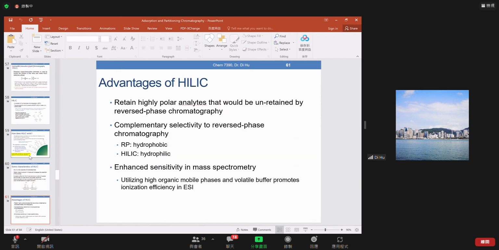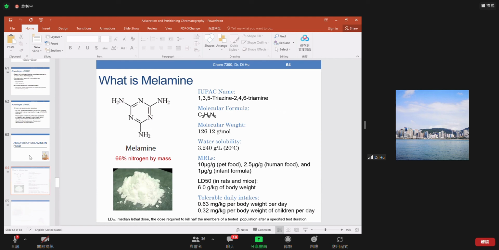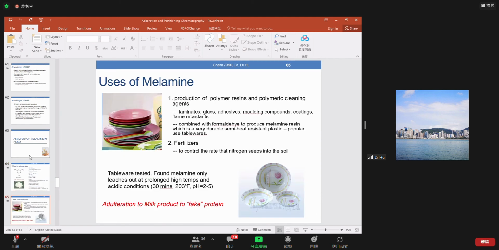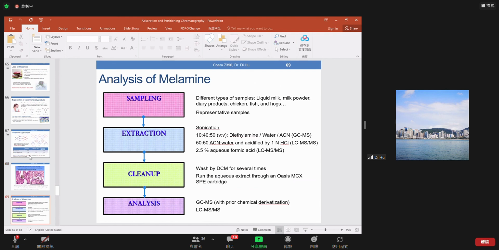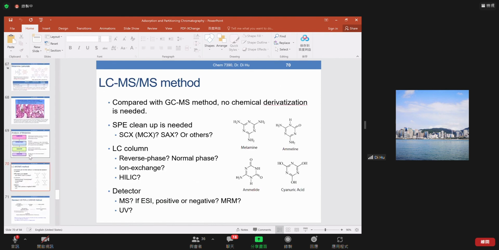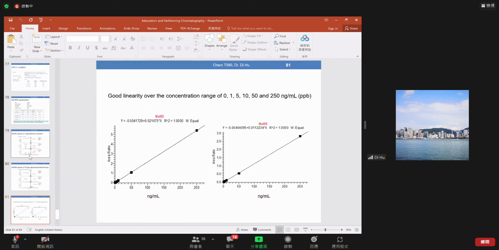Okay, and we also gave you one example of analyzing melamine in food using HILIC, and that is another real practice we went through together, analyzing from structure, and then starting from extraction, cleanup, and analysis, right? Especially all these kinds of practice here. I already told you why I do this, why I want you to think about it. So that's for that part.